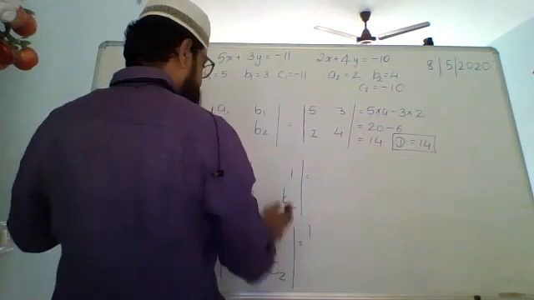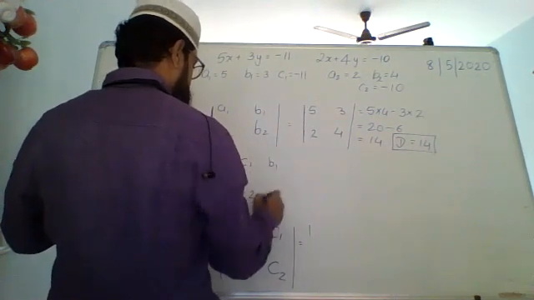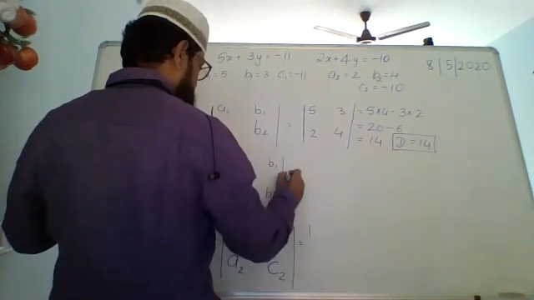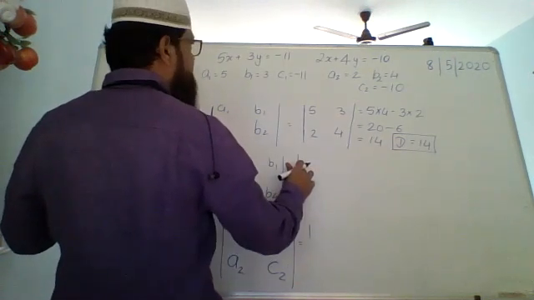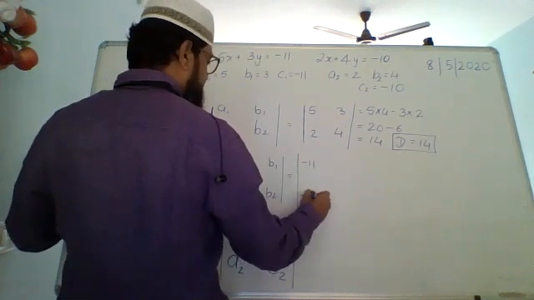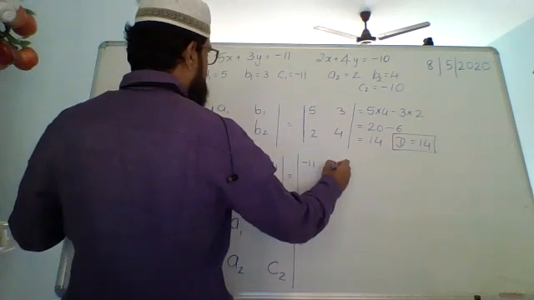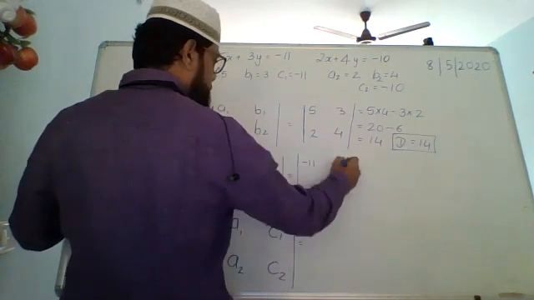Similarly, here c1 is minus 11, c2 is minus 10, with 3 and 4.